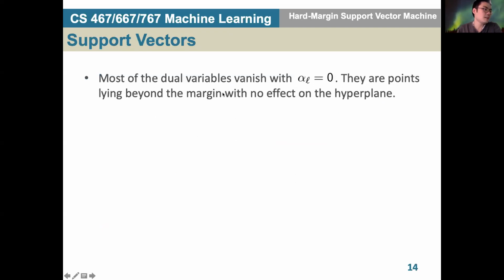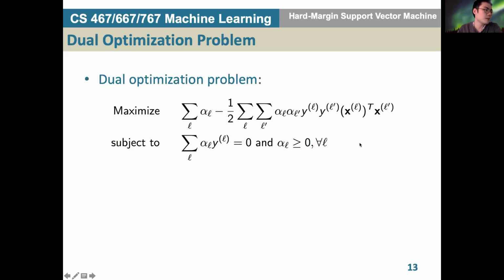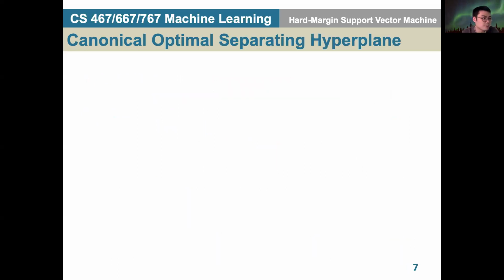Why? These points are lying beyond the margin and have no effect. From an optimization point of view, it's not so easy to see, but let's get the intuition directly from this diagram here.